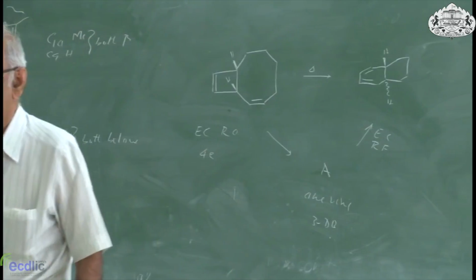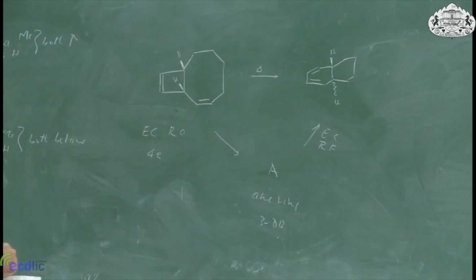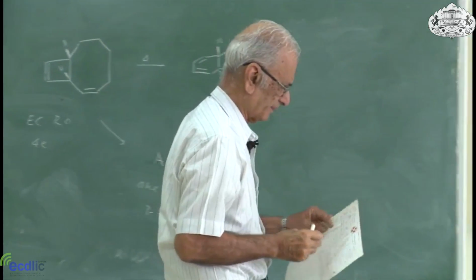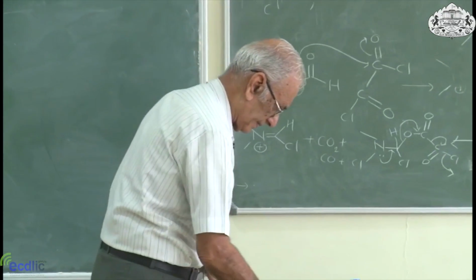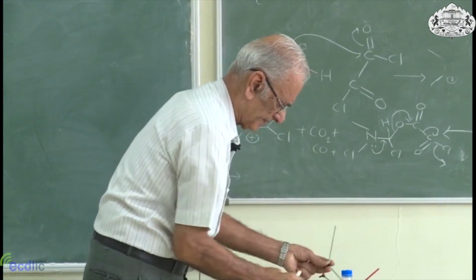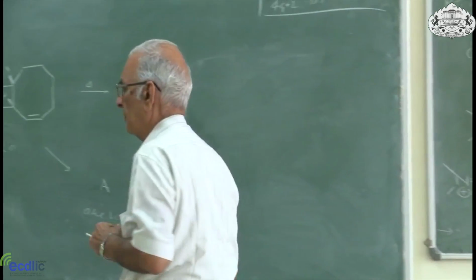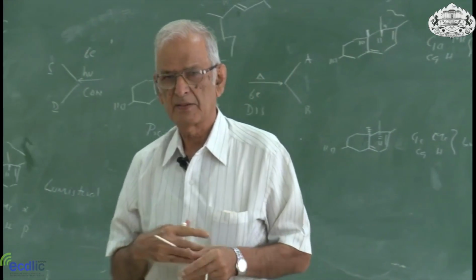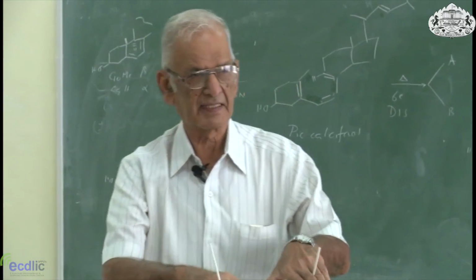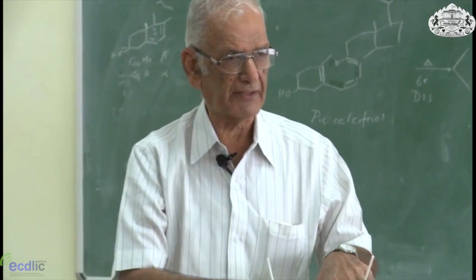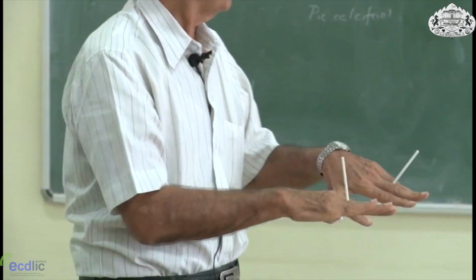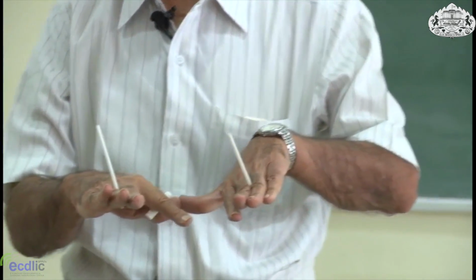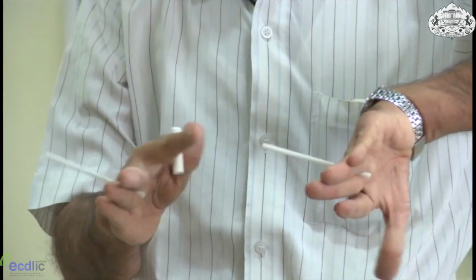So we have to identify what is that product which we are getting in this reaction. Our starting material has 2 hydrogens cis. Obviously, it is a 4-electron reaction, that is going to be a thermal reaction, therefore it is going to be conrotatory.